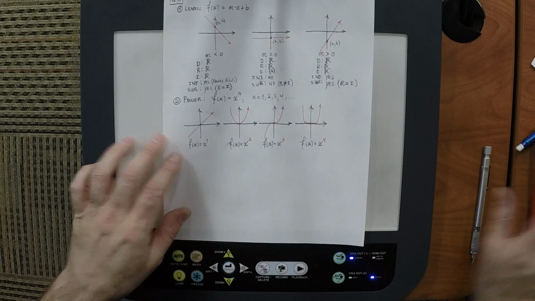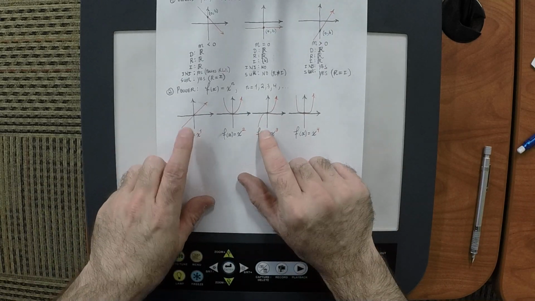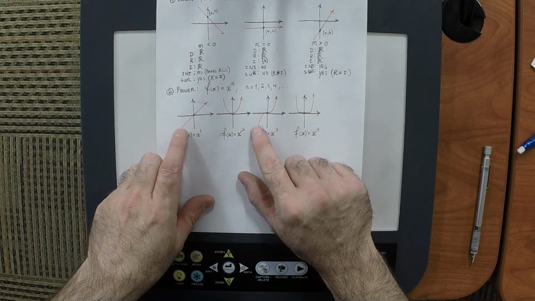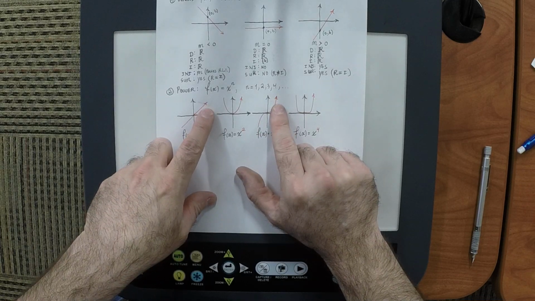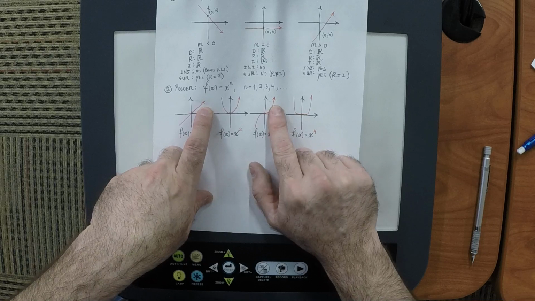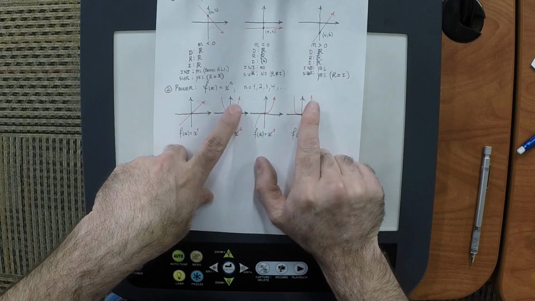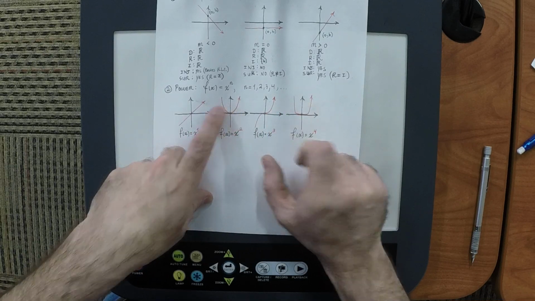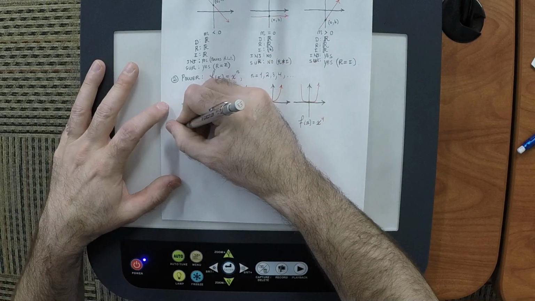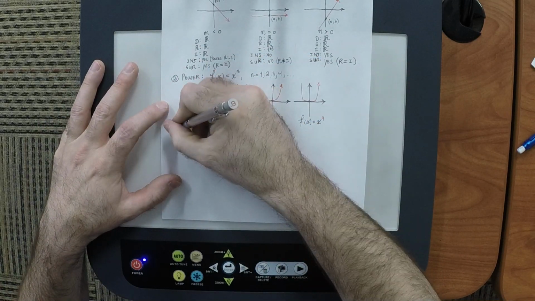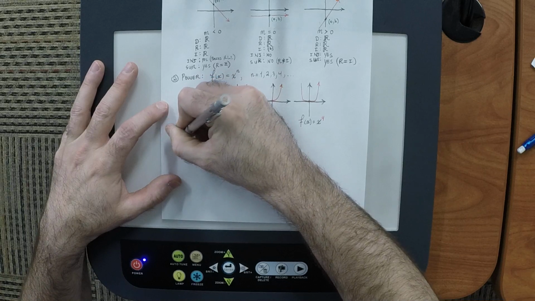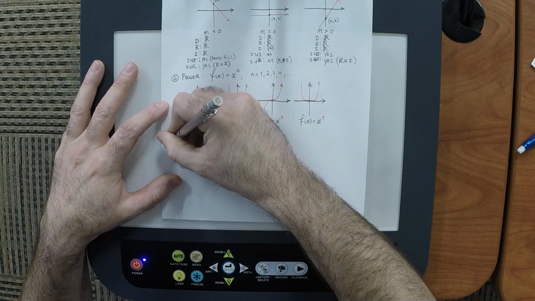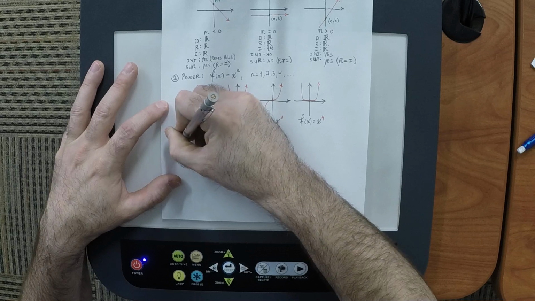At any rate, what I want you to see is that all of the odd ones will have this property, that the left arm is down and the right arm is up. And all of the even ones will have the property that both arms are up. Now, for each of them, let's write down the domain, range, image, whether or not they're injective and surjective.